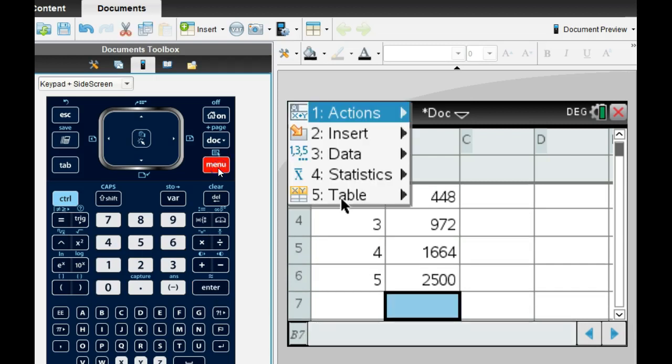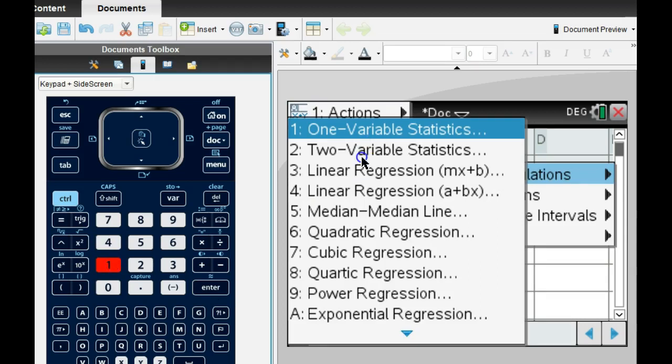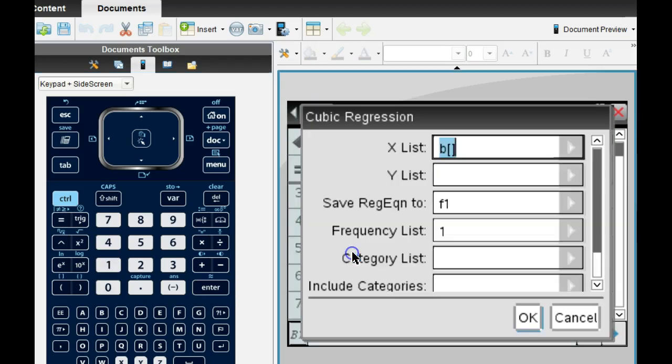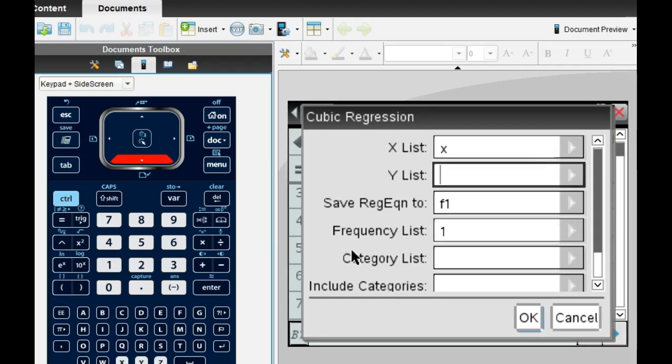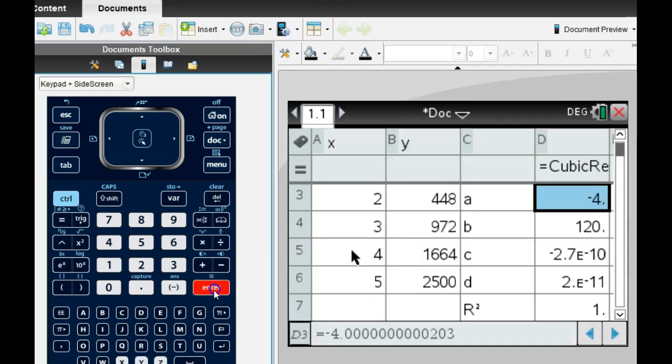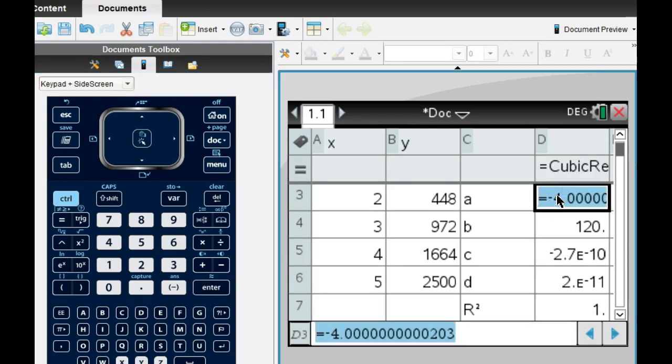At menu 4, 1, do you see 7 says cubic? Hit menu 417, X for X, Y for Y. Hit enter twice, and you get A is -4, B is 120, C is 0, D is 0. Remember, E with a negative exponent, those end up rounding to 0 because they're so incredibly small.